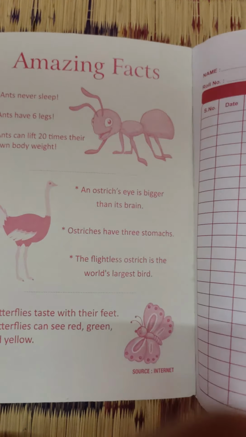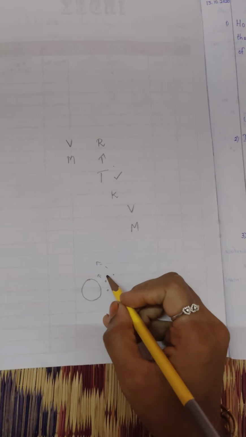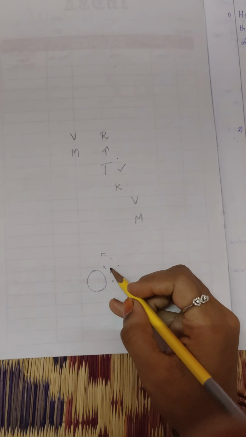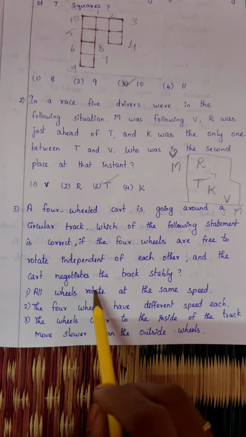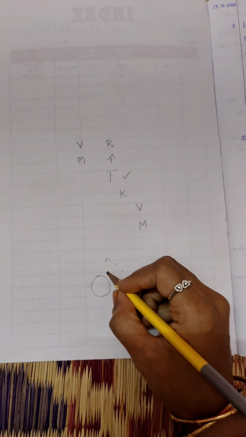So we consider a circular path. In a circular path, a cart has 4 wheels. The wheels closer to the circular path move slower because they have to cover minimum distance.